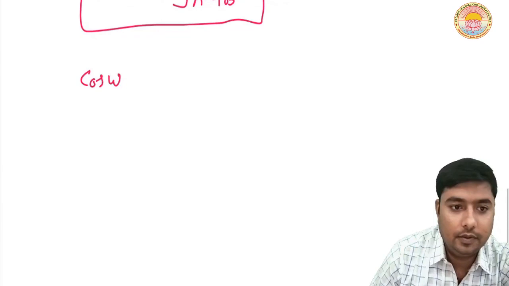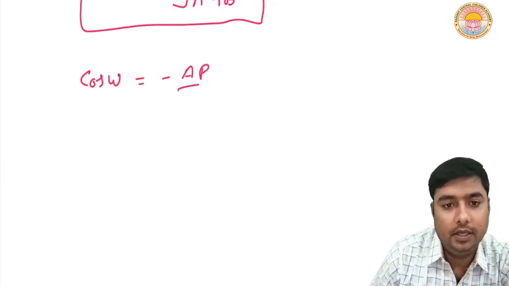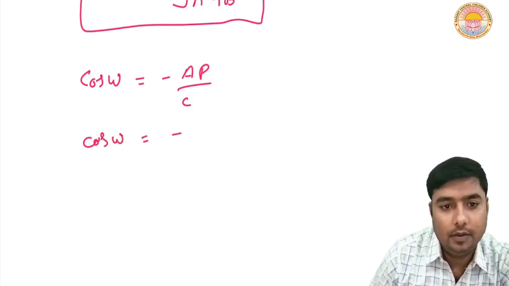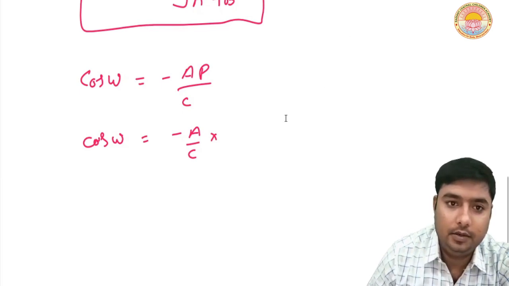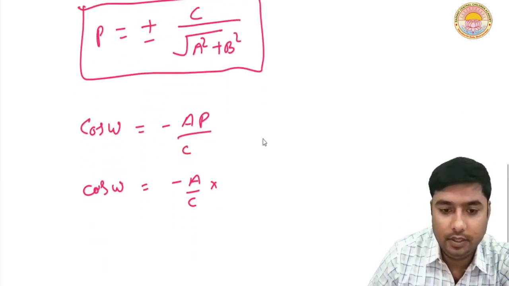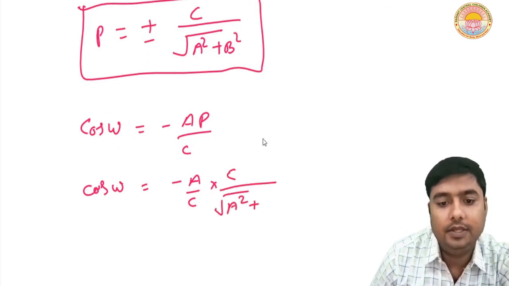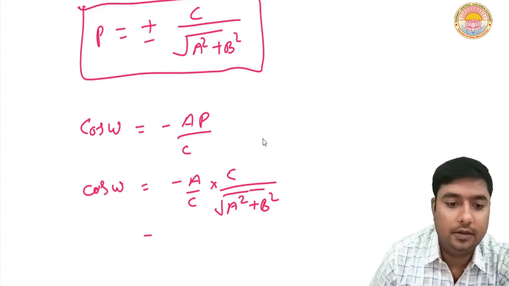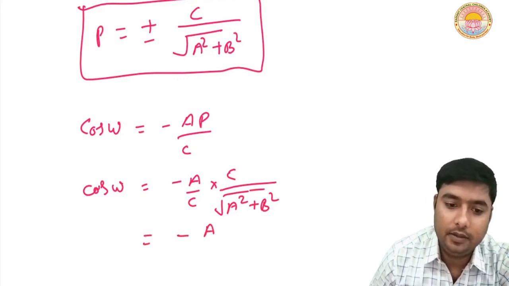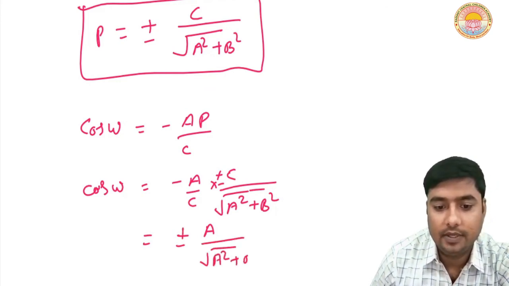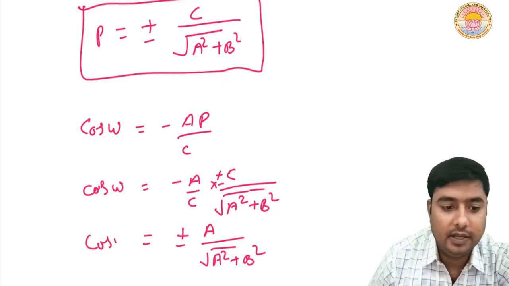Cos omega equals to minus a upon c into p, that is, c upon under root a square plus b square. Then what? Minus a upon, plus minus a upon square root of a square plus b square. This is the value of cos omega.